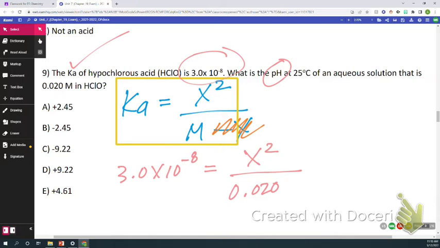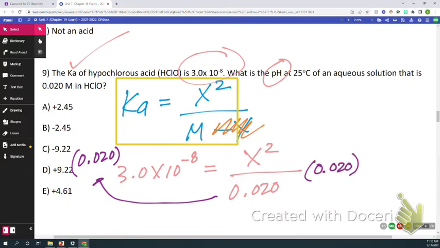Then you solve for x. Do you know how to do that? You have to multiply this to the other side, like both sides, right? But this right side is going to cancel out. And then you have to square root it to get rid of the square. You have to square root both sides.